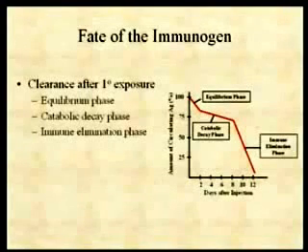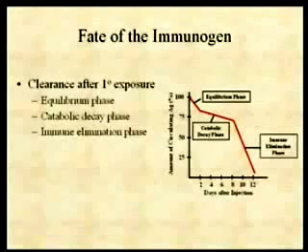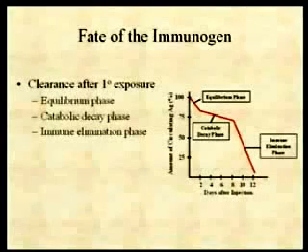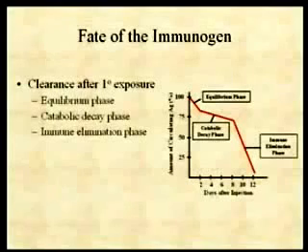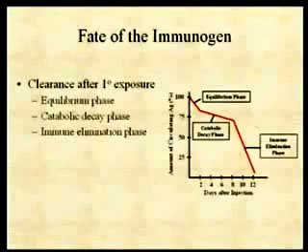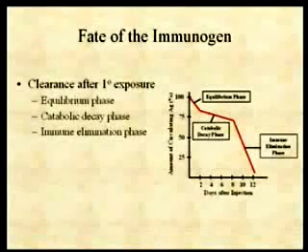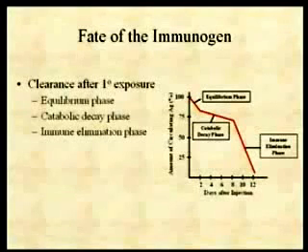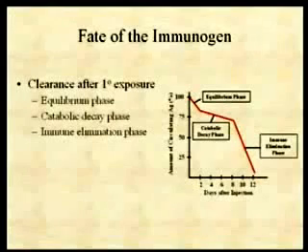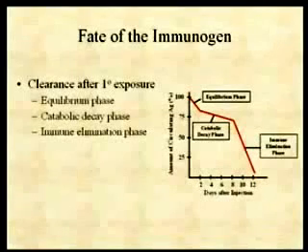If we were to inject, in an experimental system, a labeled antigen, something that we could track really easily, as a function of time after injection, what you see is that initially there's a very rapid drop in the amount of antigen circulating in the serum. And that's due to equilibration. It's a physical thing. The antigen is being dispersed all over the body, and it'll equilibrate between the extravascular and intravascular compartments. And so you see this very rapid decline in the amount of circulating antigen.